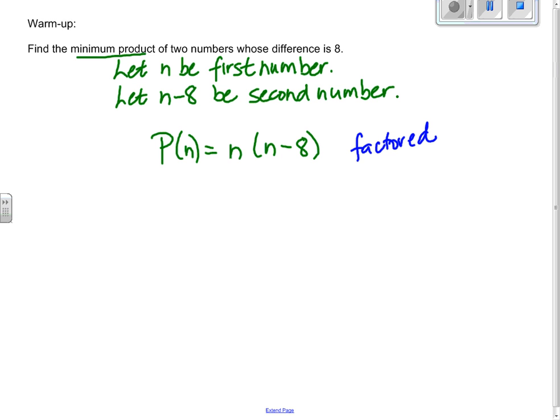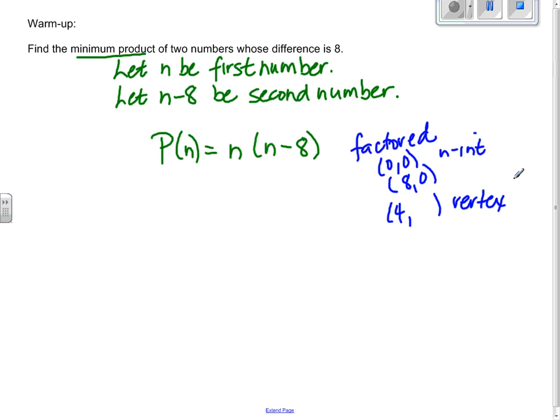I can find my two n-intercepts. They're (0, 0) and (8, 0). So I know that my vertex will lie on n equals 4 somewhere. So I can find my vertex that way quite easily.